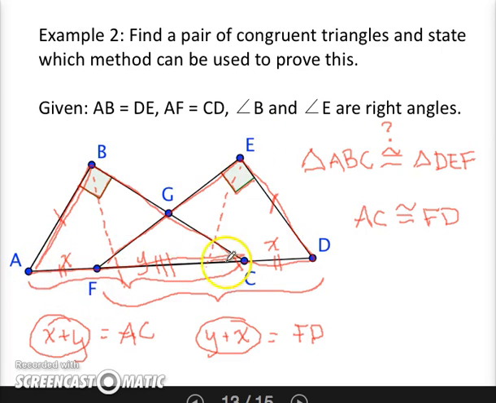So we do indeed have the hypotenuse of two right triangles being congruent. We also have a leg of each triangle, and the leg of one triangle is congruent to the leg of another. And we are working with right triangles, so indeed we do have the HL congruency theorem. State which method can be used to prove this. We did that.